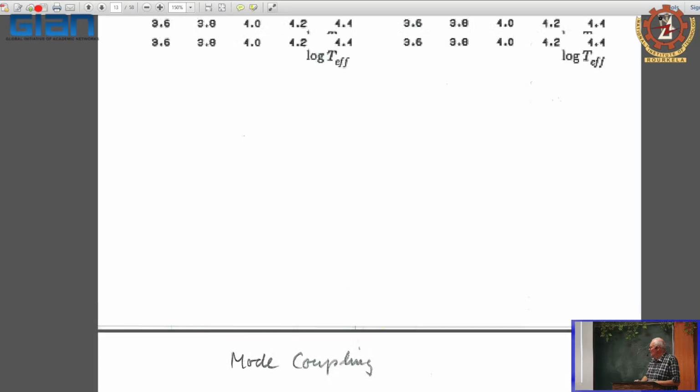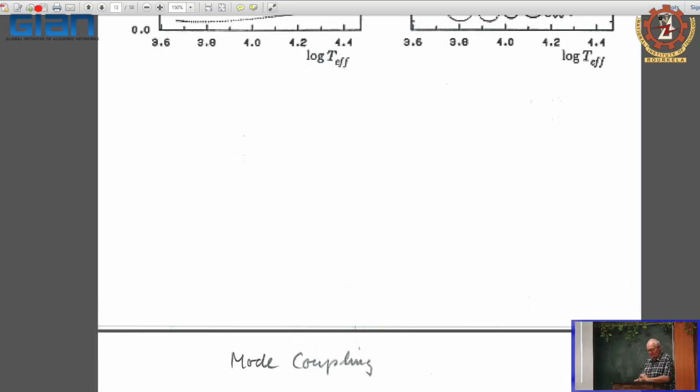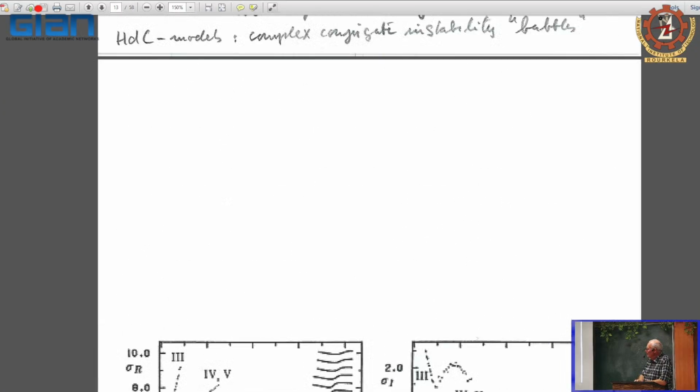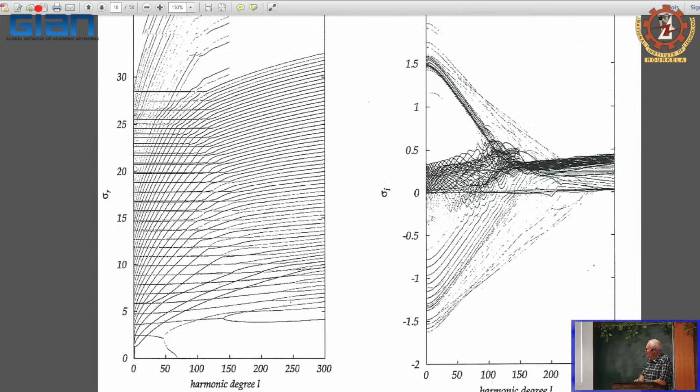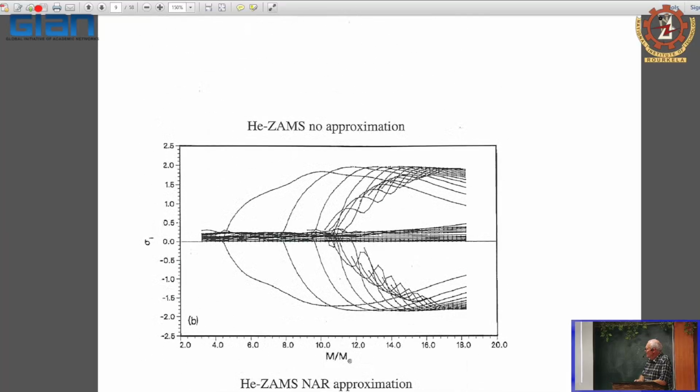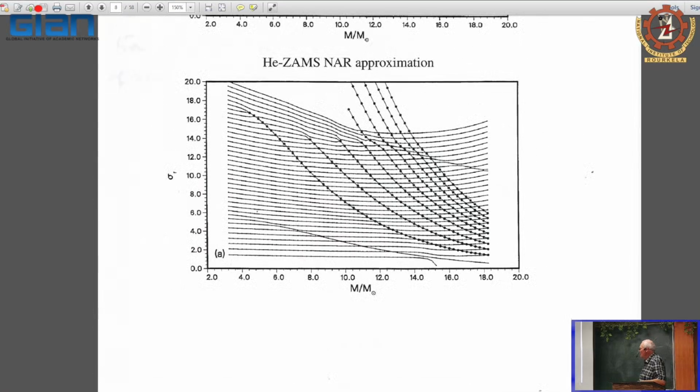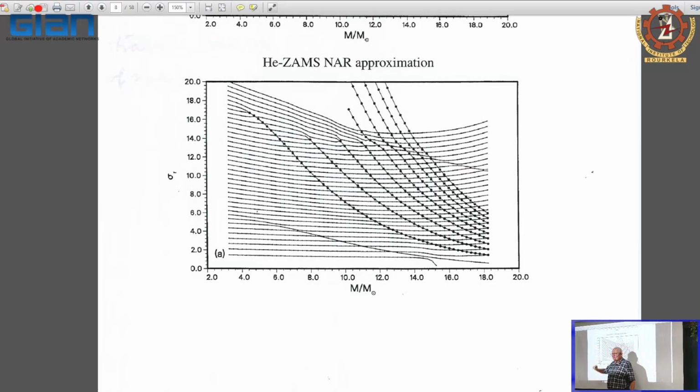Well, all these phenomena, all that we have talked about now, seem to be associated with the crossing of modes. If we go to the Wolf-Rayet stars, we see that the strange modes are formed by merging of modes, so to say, by coupling of modes, and then subsequently by the crossings of two sets of modes.